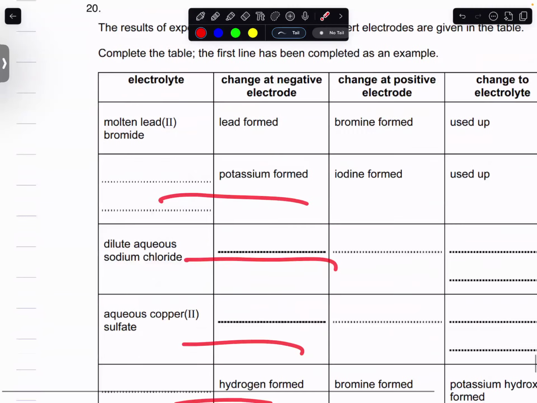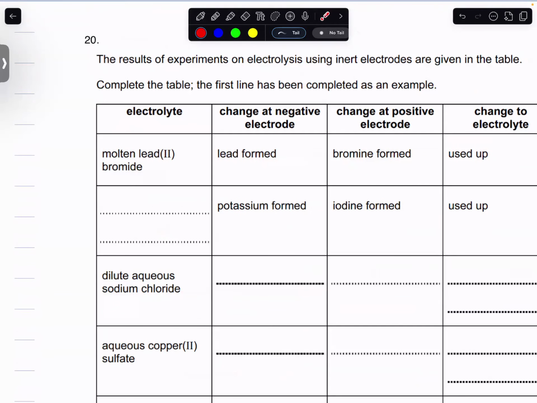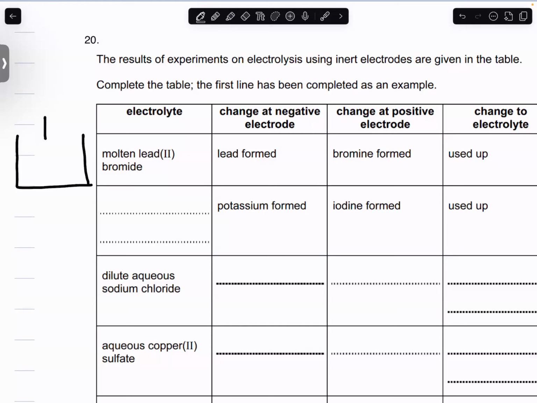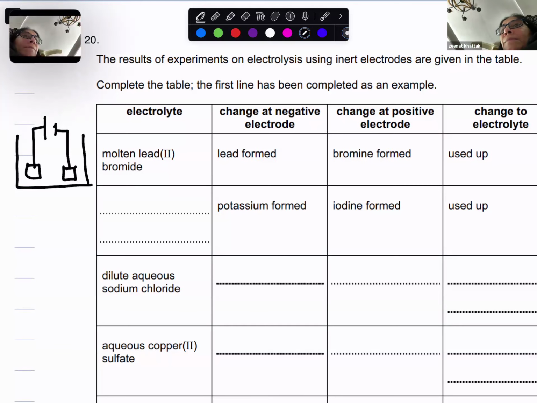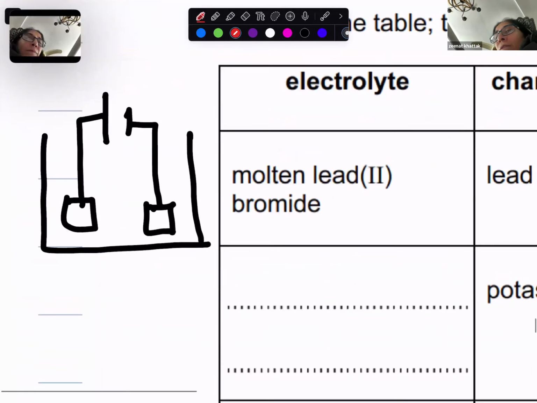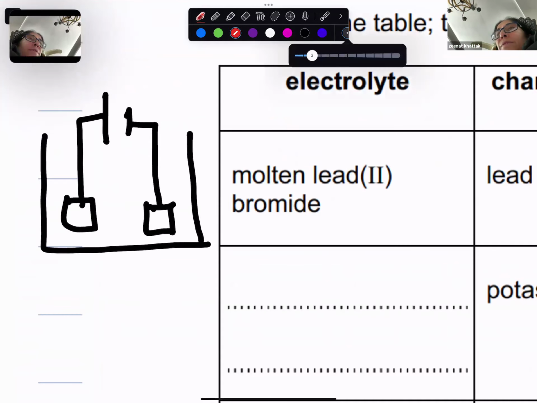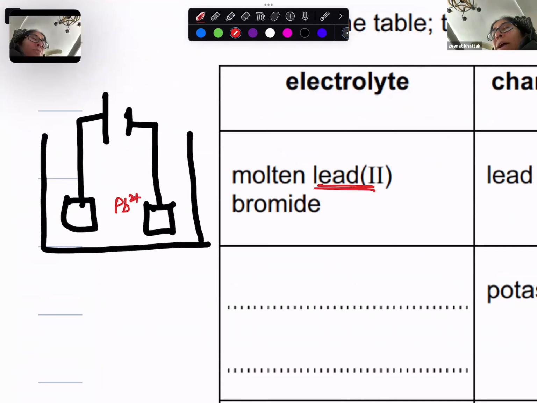Now coming to molten lead bromide. They've written 2 plus, meaning lead is plus 2. Lead is Pb. The ions are lead ions, Pb2 plus, and bromide, minus.